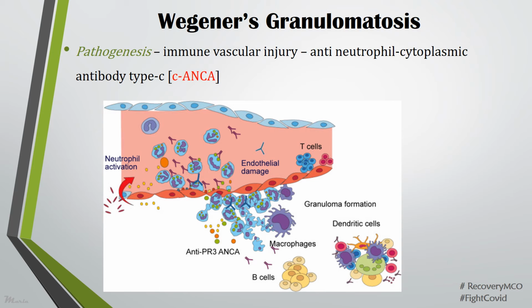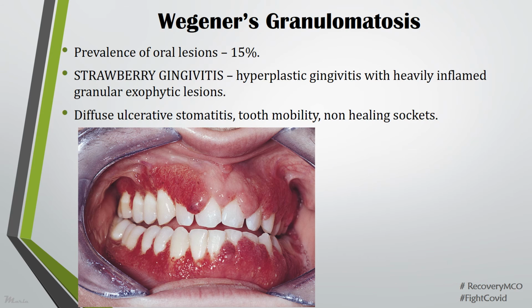Presence of these antibodies have also been found to be used as a diagnostic tool to confirm the diagnosis. Oral manifestations in case of Wegener's granulomatosis are seen in nearly 15% of the cases.